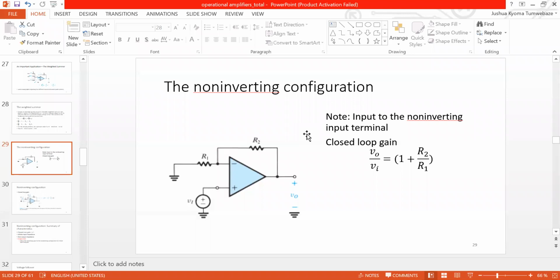Because most of the time you'll be required to either design or analyze a circuit. So if you're doing analysis, you should know that this is inverting, this is non-inverting. You may look at the circuit but not keep it in mind, but if you draw it, then perhaps you keep it in mind.